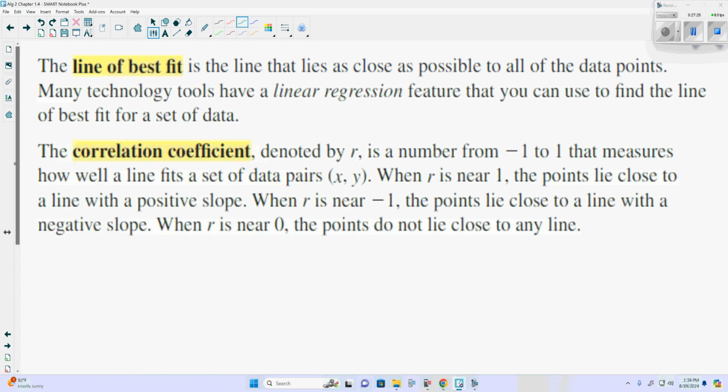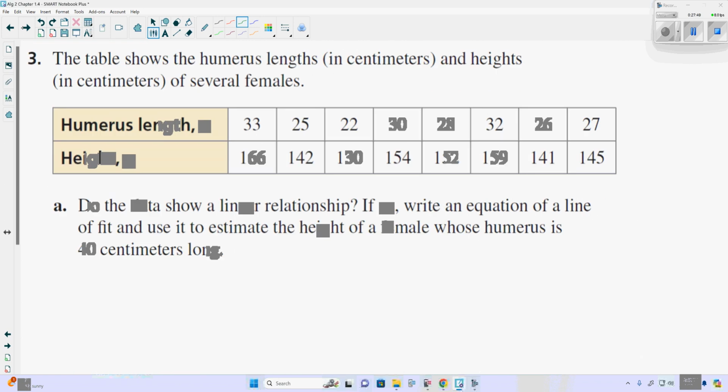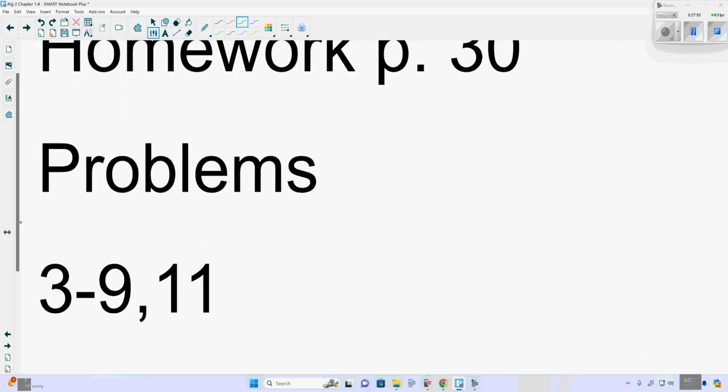Now, the R value really needs to be between 0.95 and 1, or -1 and -0.95. We really need them within 0.05 of 1 or -1 for the data to be accurate or reliable. But that's all we're doing today.